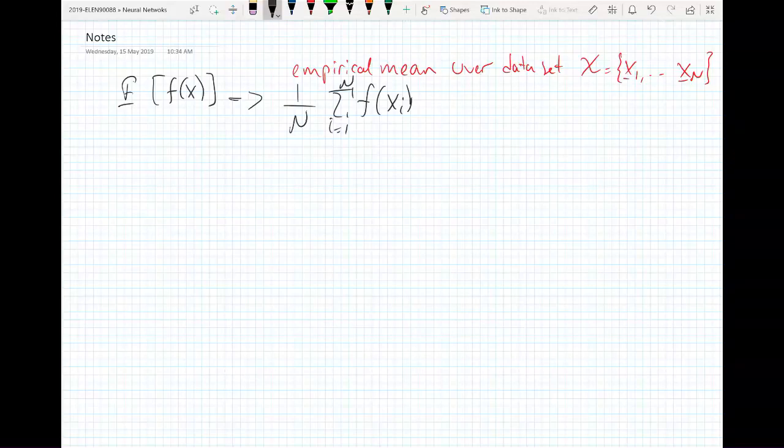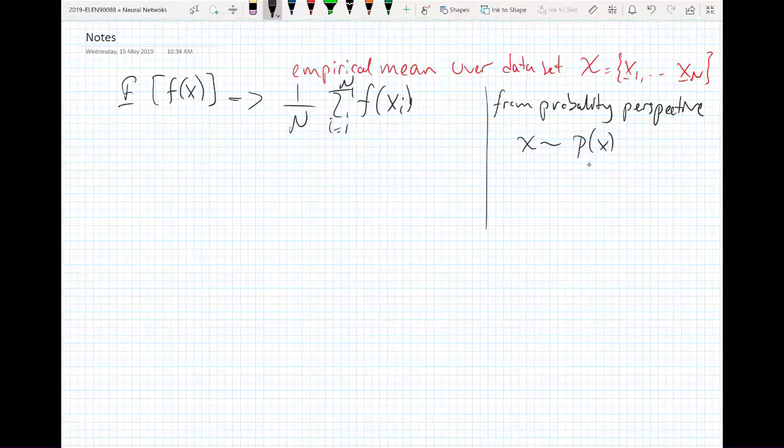If you adopt a probabilistic point of view, you can say there is an x and the probability of x. From a probability perspective, you can think of x as having a p of x distribution, and that generates IID your data set, right?